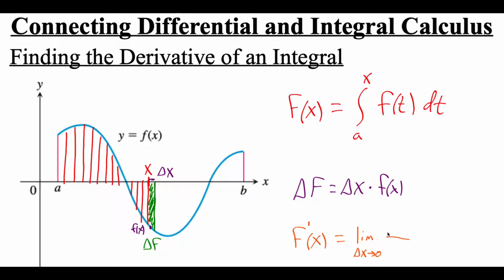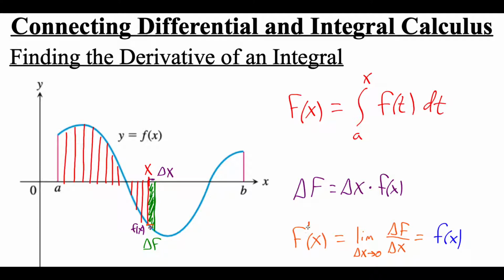Now the actual derivative is the change in our function value divided by the change in the x value as that delta x is approaching 0. But as that width, as that delta x value gets closer and closer to 0, then we really just get closer and closer to that f of x value.